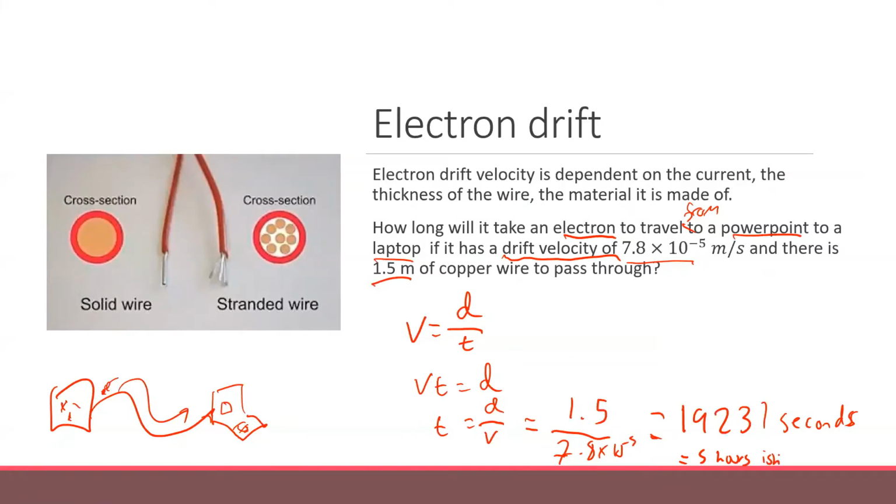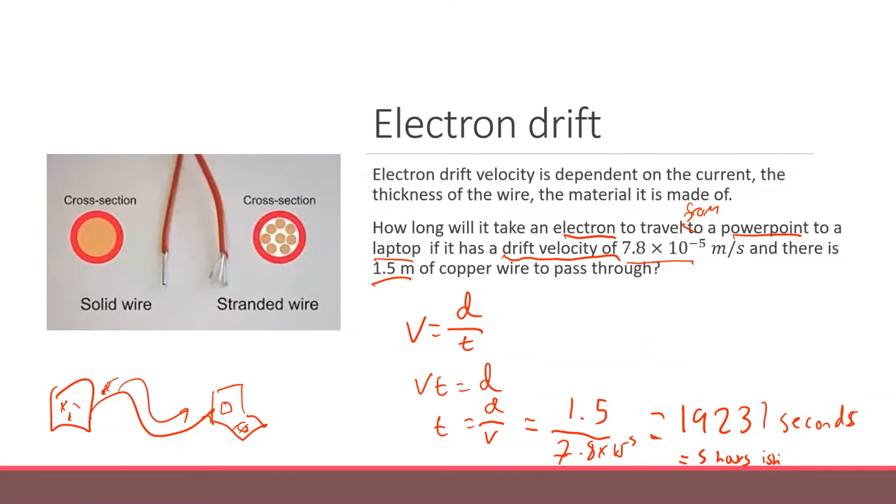So that actually shows you an idea of how slow these electrons are moving. I guess the electrons aren't moving very quickly, but the charge is. I want you guys to think about that. One electron comes out of the power supply and goes into the laptop. It's going to take 5 hours to get there, but that doesn't mean you have to wait 5 hours for an electron.